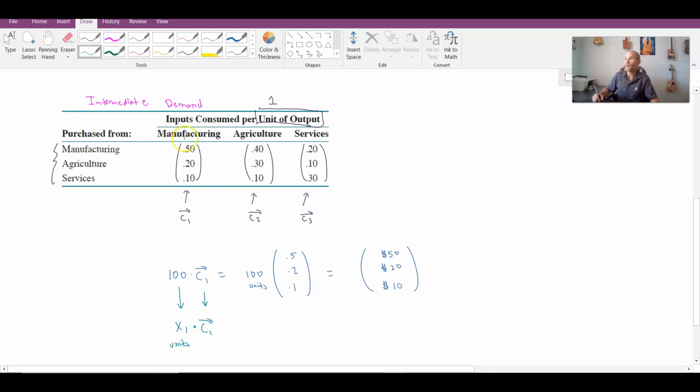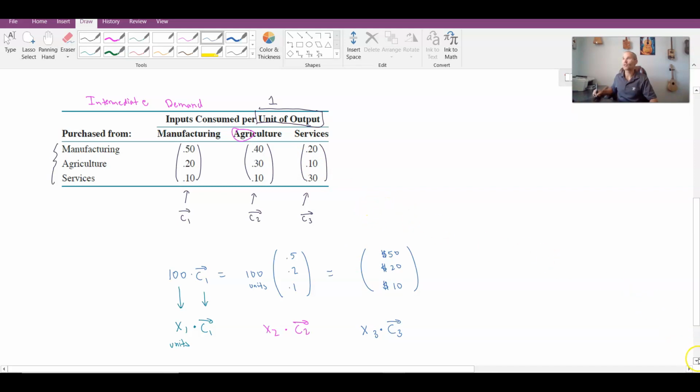Now that's only for manufacturing. I could do the same thing for agriculture. I could say that agriculture is X2 times C2, and so that corresponds to agriculture. And then I could also say the same thing for services, that they're going to produce X3 units of their product, and each unit of their product requires C3 units of input.